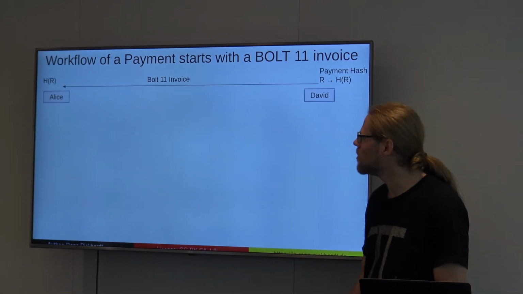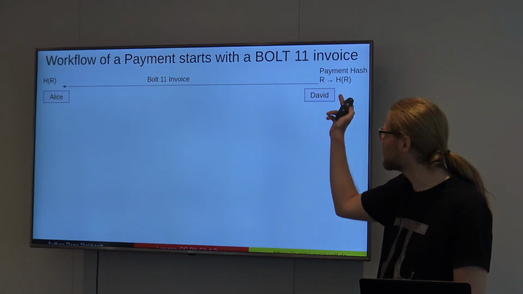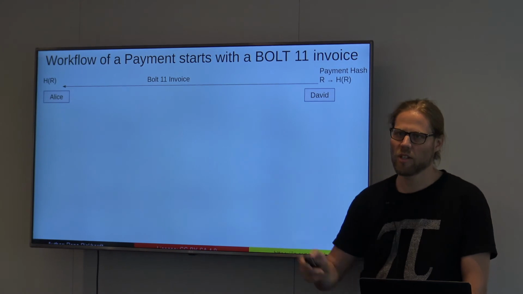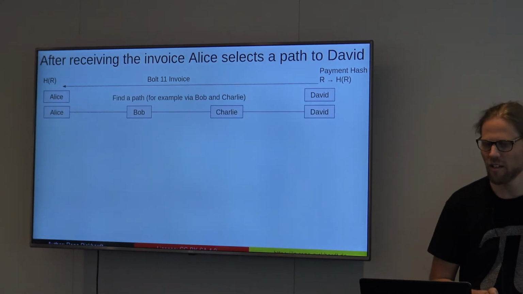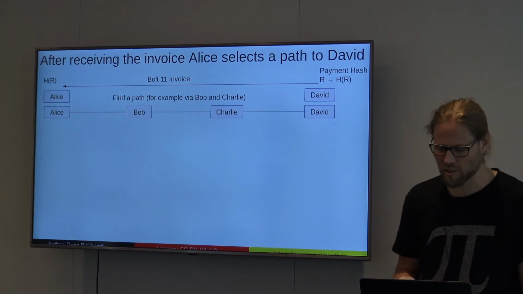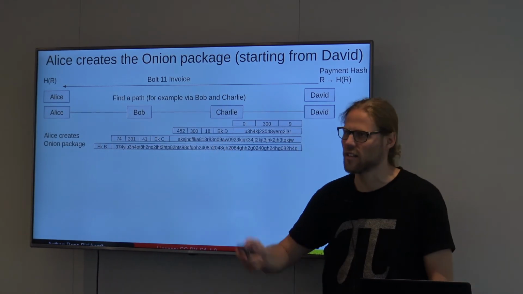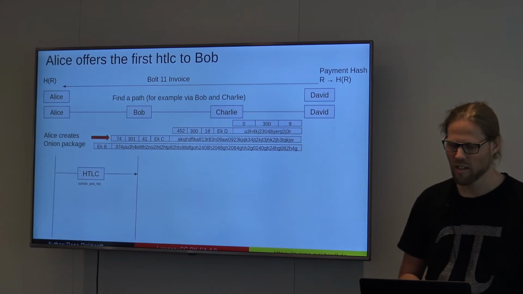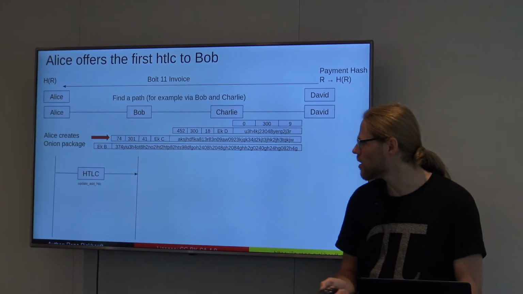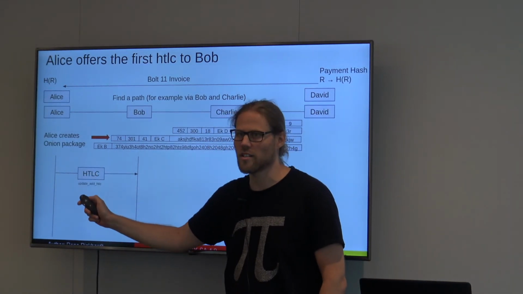So if Alice wants to pay David, the first thing that happens via a BOLT 11 invoice is that the payment hash is transported back to Alice, and then Alice finds somehow magically a path to David, and then creates the entire onion and starts sending the onion forward. As I mentioned before, the onion is part of the update_add_htlc message.